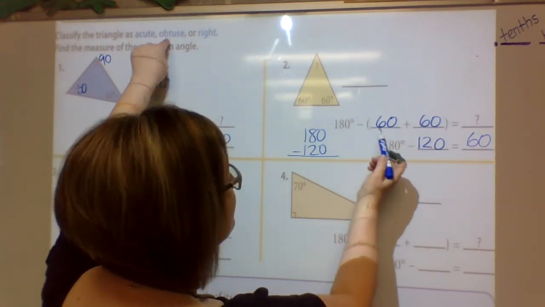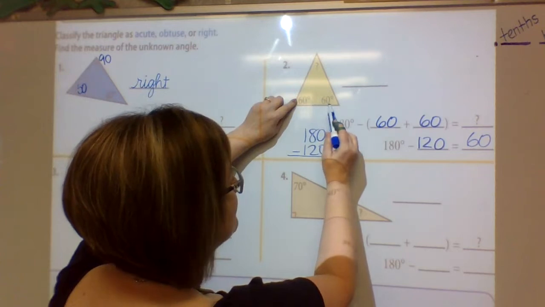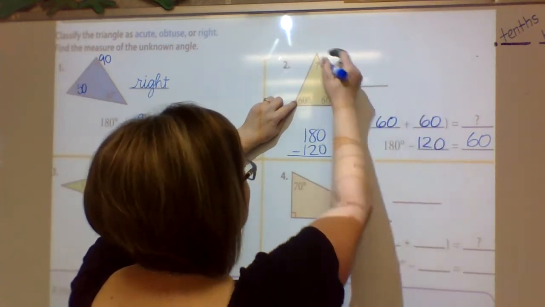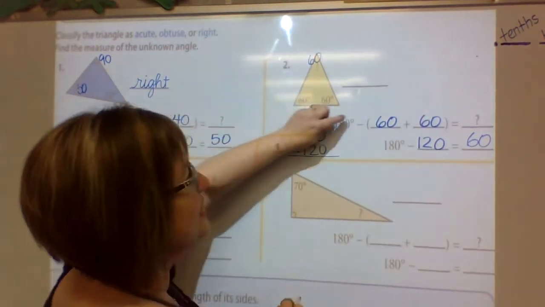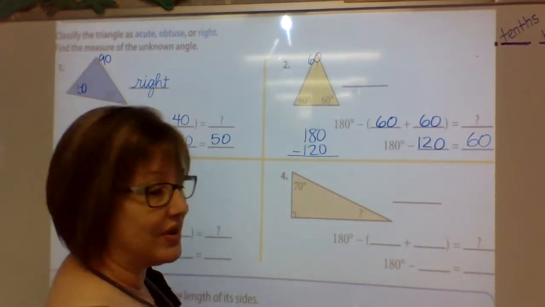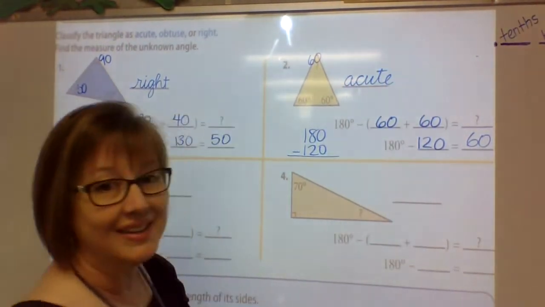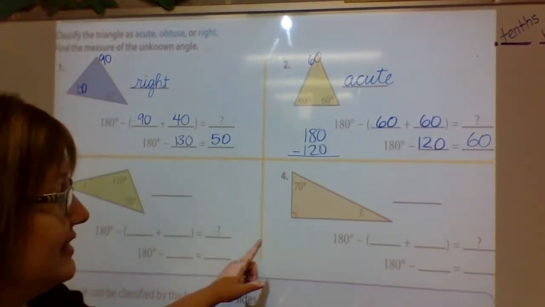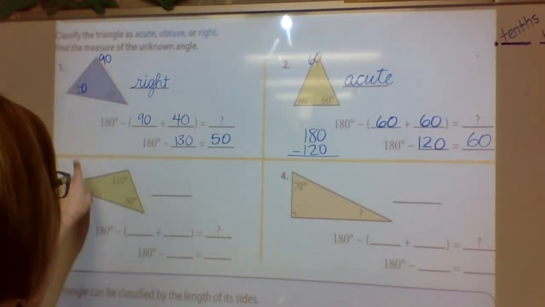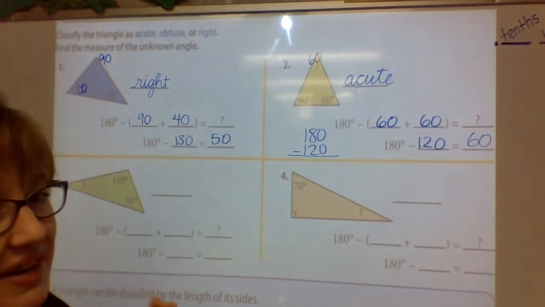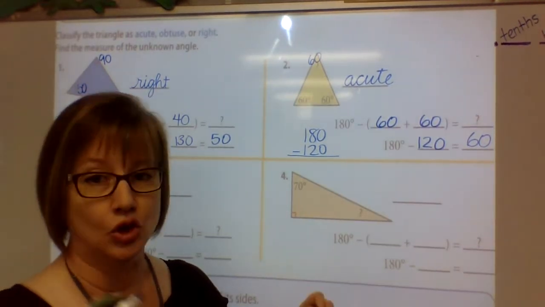Let's see. This one's 60, this one's 60, and we just found out that this one is 60. So is there any that are bigger than 90? No. So it's acute. Okay? So then if you have one that has a right angle, it's a right triangle. If it has one that's bigger than 90, it's obtuse.